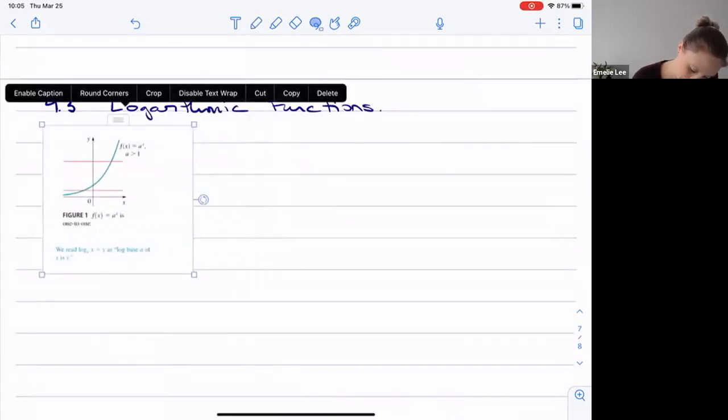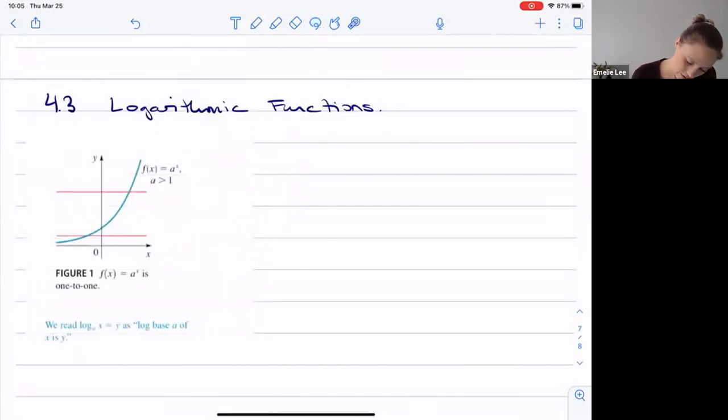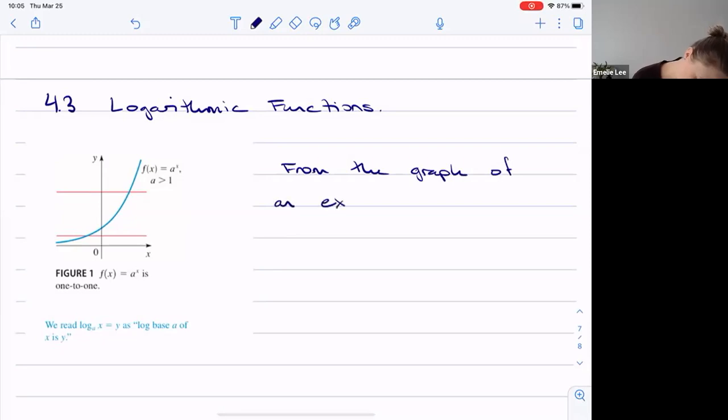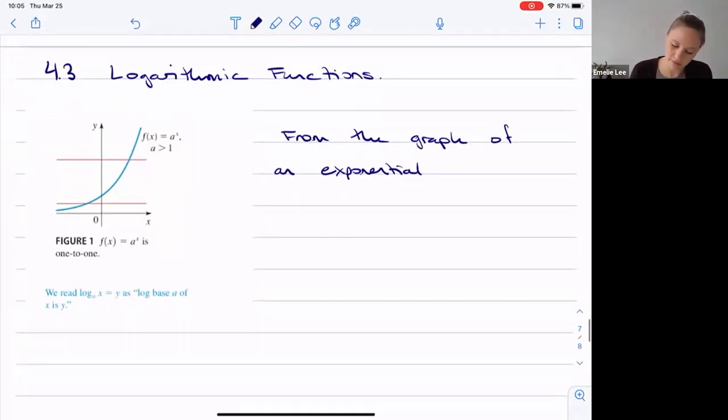Okay, so from the graph of an exponential function, we see that it's one-to-one. Remember, to have an inverse, it has to be one-to-one, which means it has to pass the horizontal line test, right? And remember, they look the same, so it doesn't matter which one.